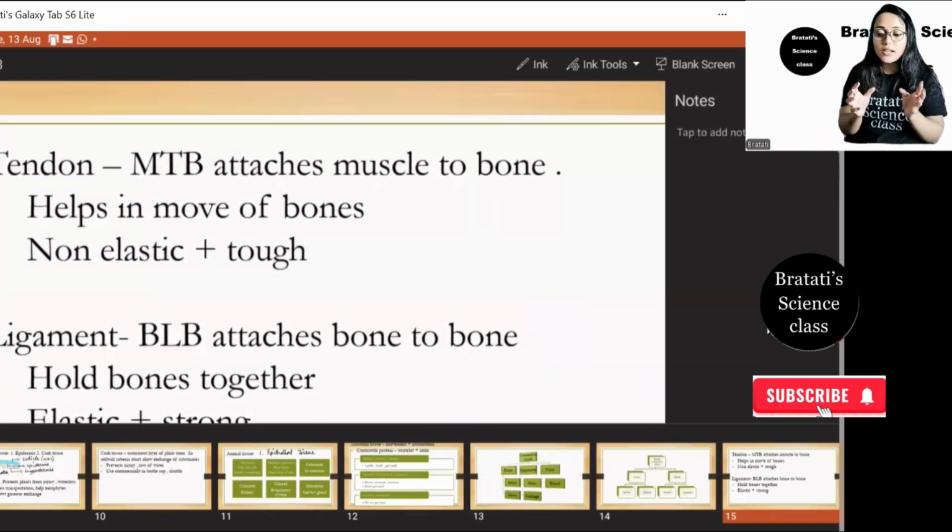It is non-elastic and tough. It helps to move the bones.